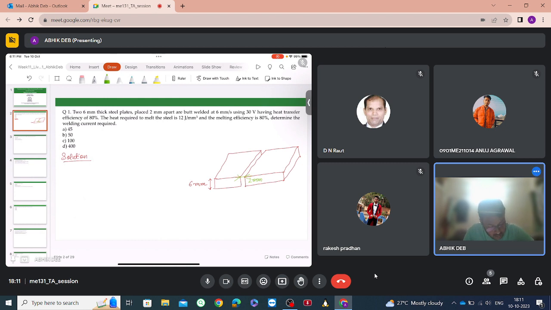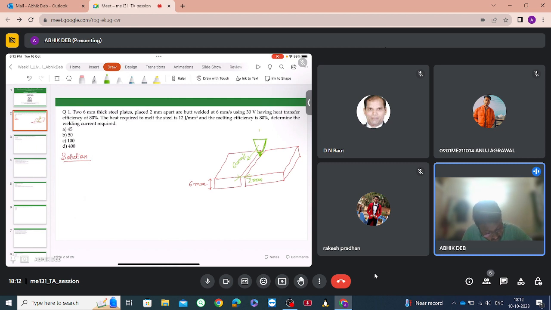So supposedly this is the welding torch, a simplified schematic, and the material and heat are both coming from this. This is welding the joint. This is here to pour the material into the joint, and it moves at a speed of 6 mm per second in this direction.